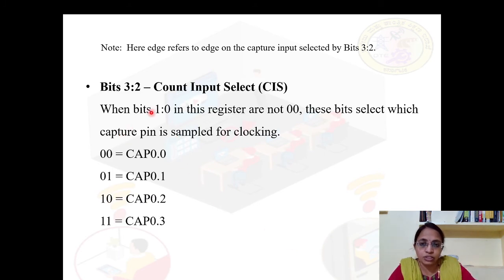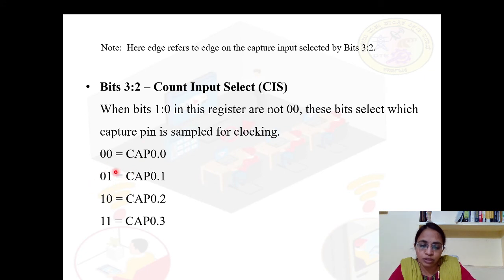So what are the next 2 bits? Count input select. They are called as CIS. CIS stands for the count input select. So what is the use of these 2 bits? They will decide which capture input should be considered for incrementing the timer counter. If it is 0, 0, the first capture pin is considered as the input pin.